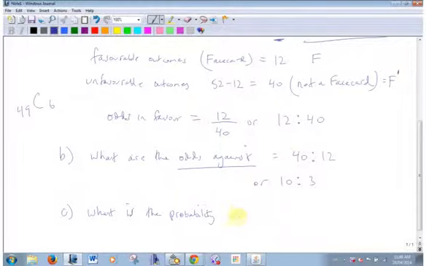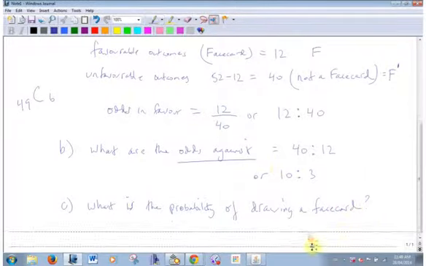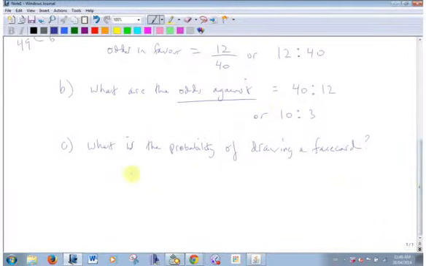I don't know. What's the probability of drawing a face card? So, here it is as a formula. How many face cards are there? There's 12.